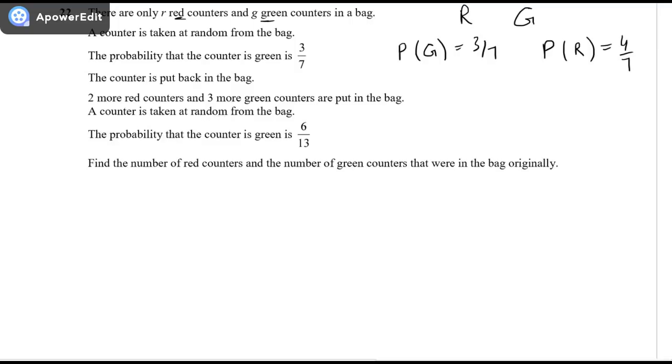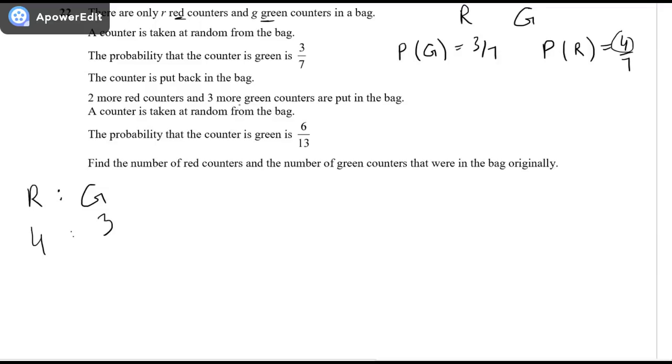Okay, I'm going to try to solve this question in terms of ratios. So I'm going to write down here red ratio green. The red is 4, and the ratio for green is going to be 3.